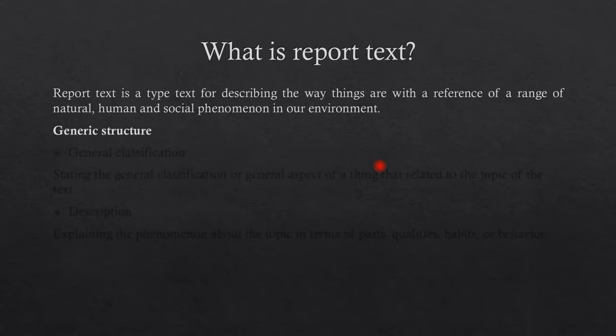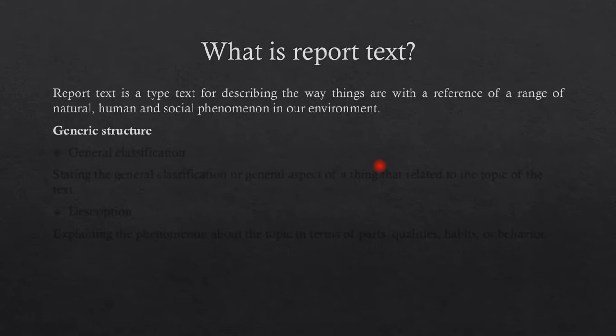You will simplify the description in a general way, not really specific, not just talking about one dog. For example, you're going to talk about Siberian Husky. Then you explain about Siberian Husky in general. Not the Siberian Husky that you have in your house.